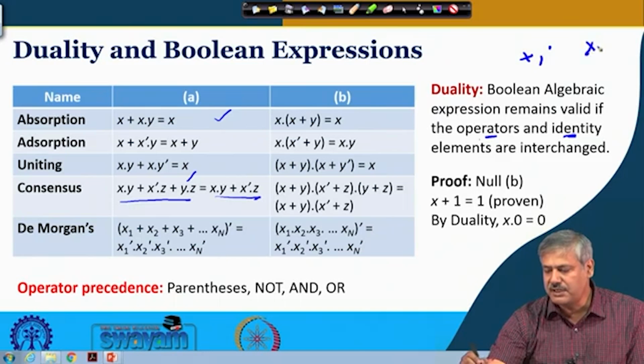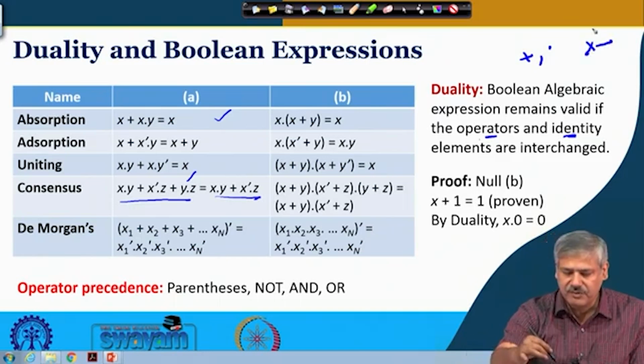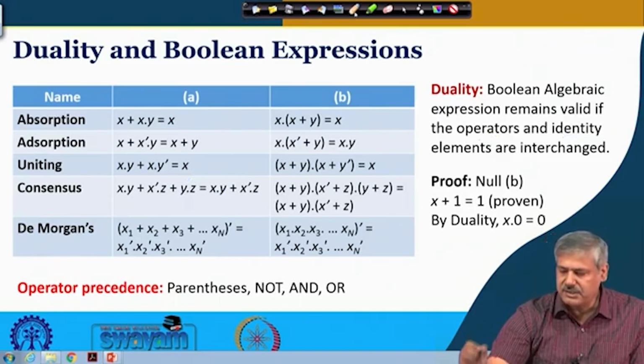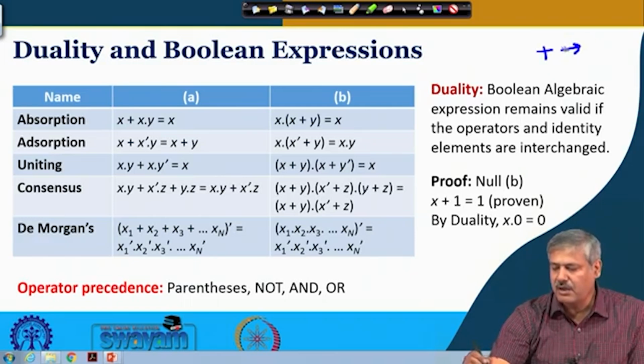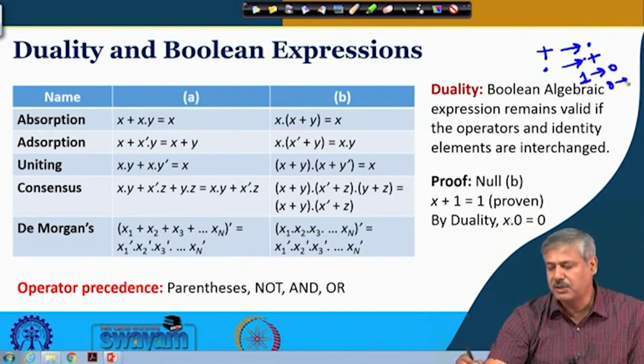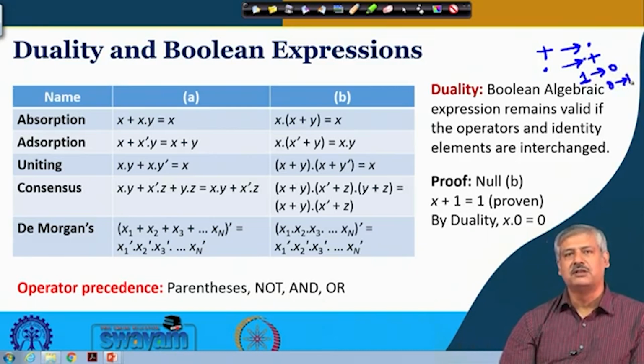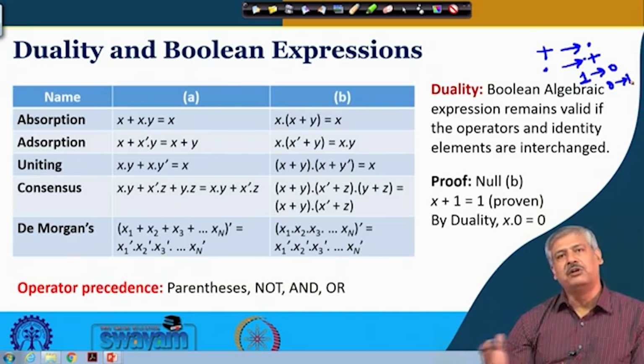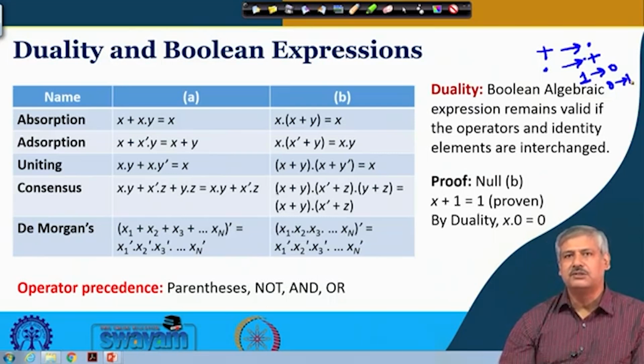So basically what you are telling by this is that you convert OR to AND and AND to OR, and identity elements 1 to 0 and 0 to 1 in any algebraic expression. You get an equivalent, I mean the resulting identity will remain valid. So that is what this duality theorem tells.